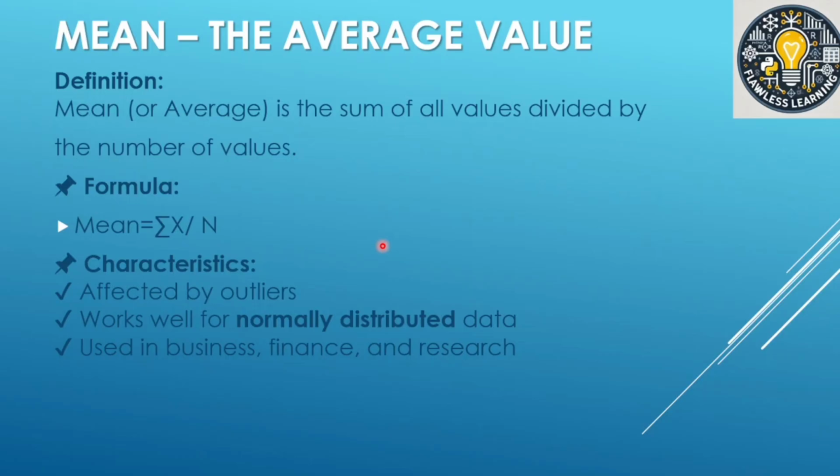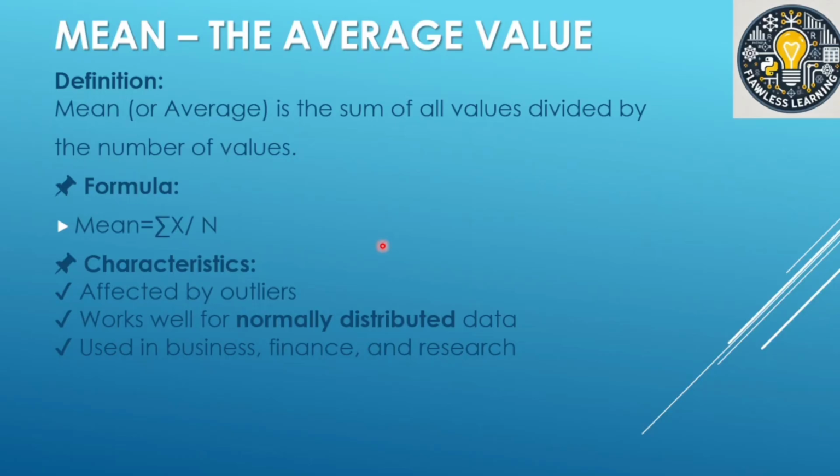What is the average? We sum it, 10 plus 20 plus 30, which is 60, divided by 3, which is 20, right? But if the data set is 10, 20, 30, and 100, we add them up, 10 plus 20 plus 30 plus 100 is 160, divided by 4. See, it moves towards the 100, right? That's why it is affected by the outlier.